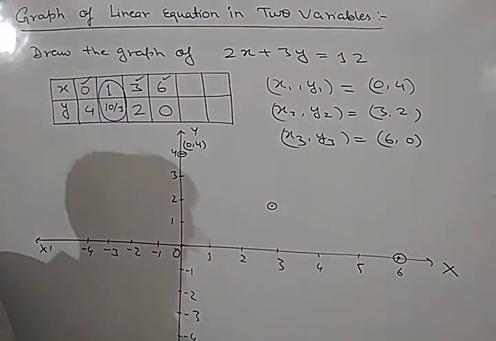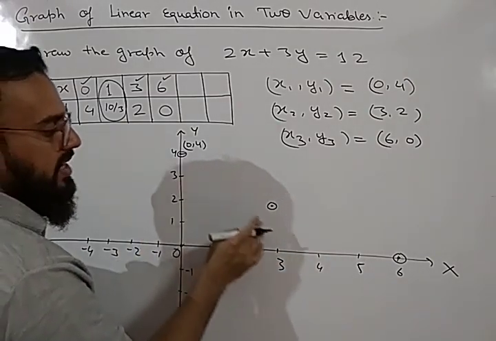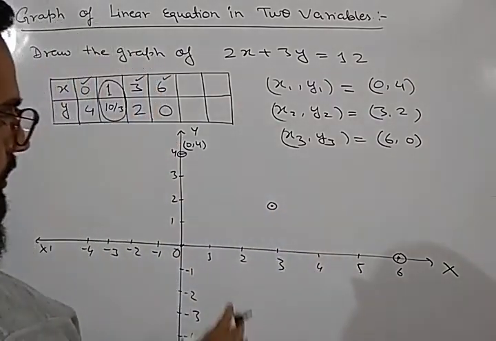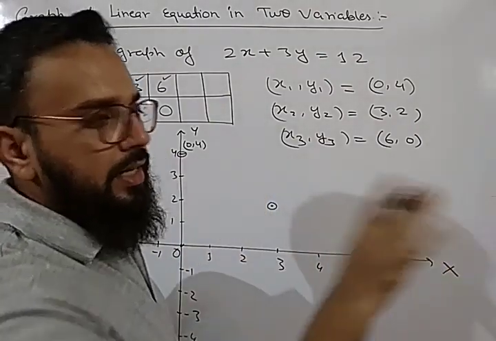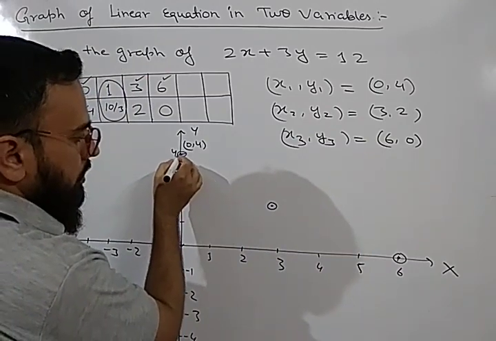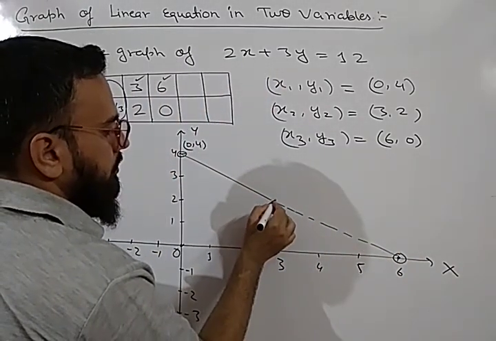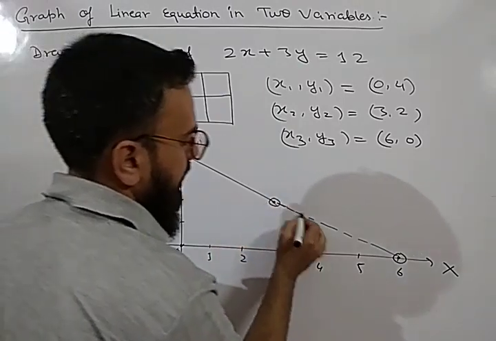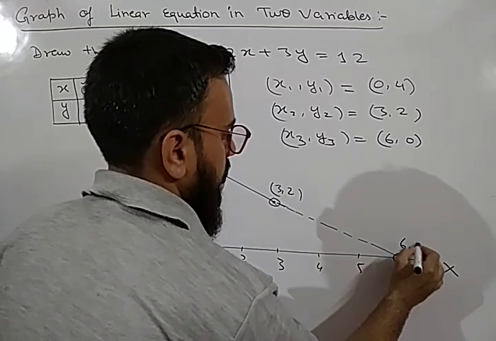Now if you join all these 3 points, it will form a straight line. When you will plot it on the graph paper, it will be a straight line. This point is 3, 2 and this is 6, 0.